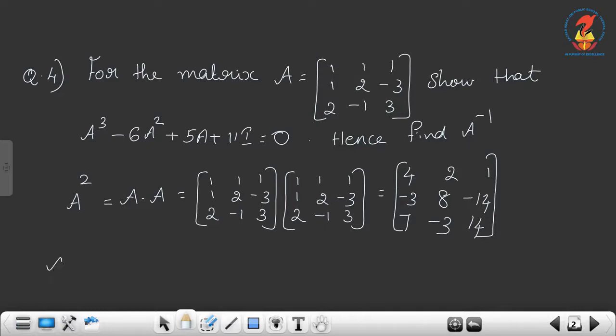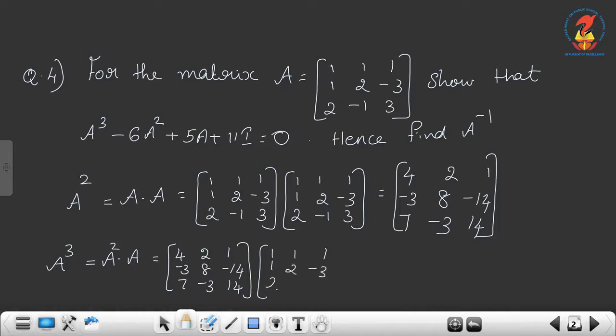Now, we have to find A cube. A cube is equal to A square into A, or you can write A into A square. So, A square is [4, 2, 1; -3, 8, -14; 7, -3, 14] into A. Okay, you can multiply.